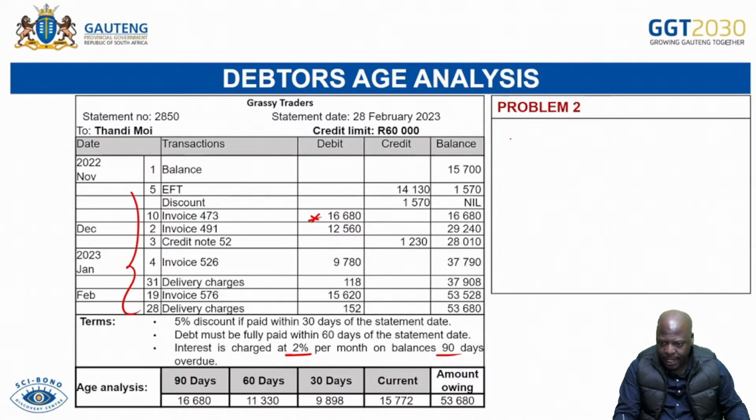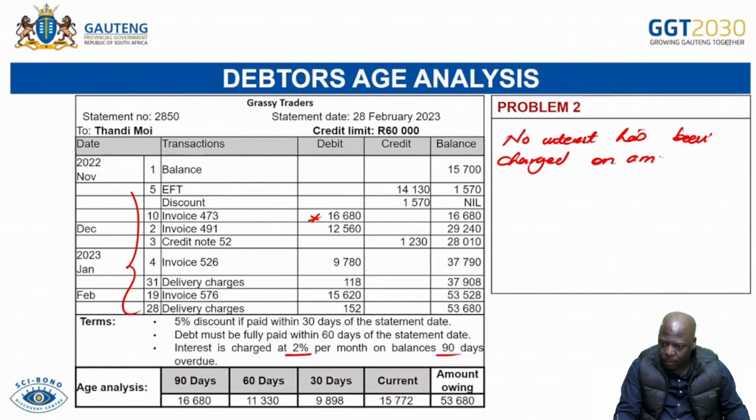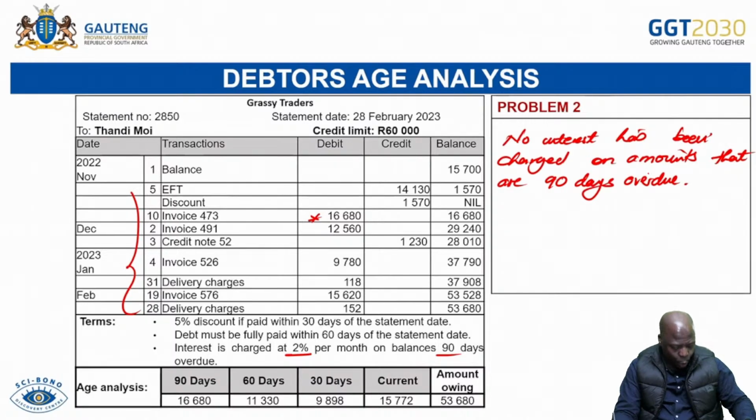So we see that no interest has been charged on amounts that are 90 days overdue. There is no interest that has been charged on such amounts.